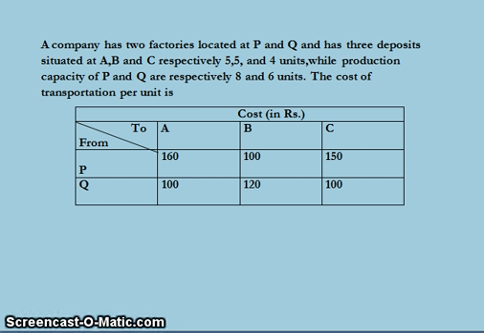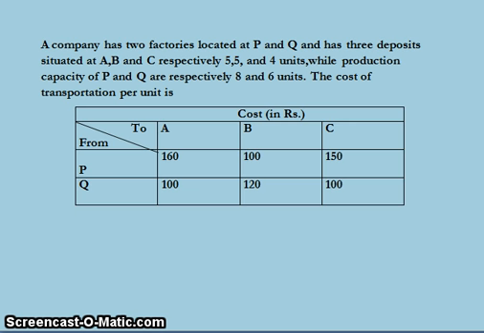Next, we are going to discuss a numerical problem that is based on finding the optimal feasible solution for the given linear programming problem. Now, according to this problem, a company has two factories located at P and Q and has three depots situated at A, B, and C. The weekly requirement of the depots at A, B, and C is respectively 5, 5, and 4 units, while the production capacity of the factories at P and Q are respectively 8 and 6 units.